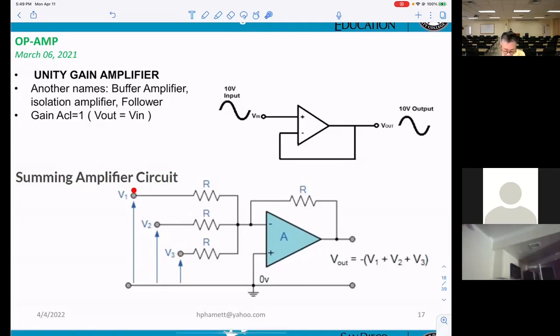You get V1, V2, V3 connected to the inverting input. The output will be adding them together. In order to solve the problem, normally you work with one source at a time.